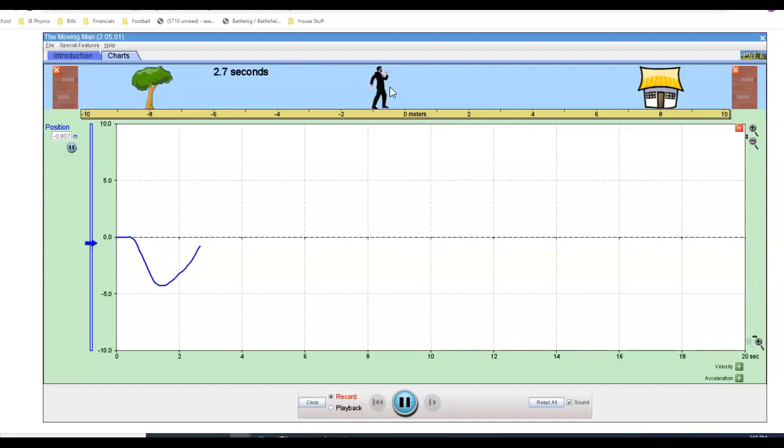So at the beginning, he was at this position 0 meters. Okay, as I move him to the right, his position increases. Okay, so now his position is 6 meters. If I just hold him there, you can see his position doesn't change. As I move him backwards, notice his position goes back down towards 0. And if I move him in the negative direction, his position becomes negative.